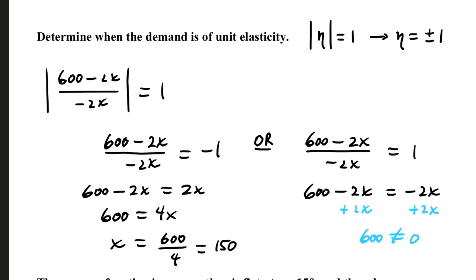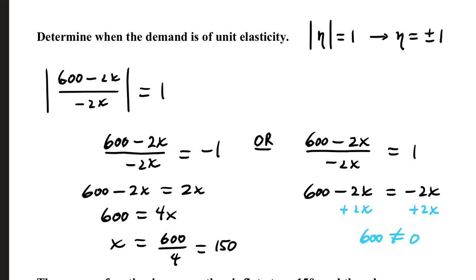This time when we add 2 x's to both sides, the x's totally drop out and we're left with a statement 600 is equal to 0. That's false. So this part we don't even need to do. You have to do it to see if it works, but if it doesn't work from then on, you can ignore it. Now we're going to build our revenue function.